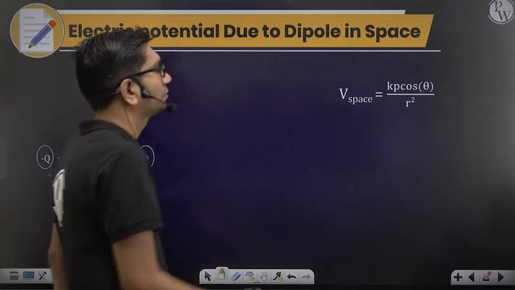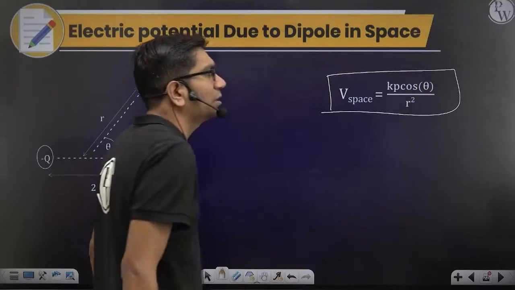Electric potential at any point in space, you got Kp cos theta by r square.